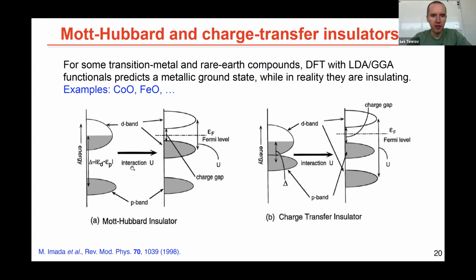If you apply the plus U correction, like in the Hubbard model, to the D band, you can split it into the occupied component and the empty component. And there is a band gap between these D subbands. So the top of the valence band is of D character and the bottom of the conduction band is of D character. So this excitation from valence to conduction would be from D to D, and this is called a Mott-Hubbard insulator.